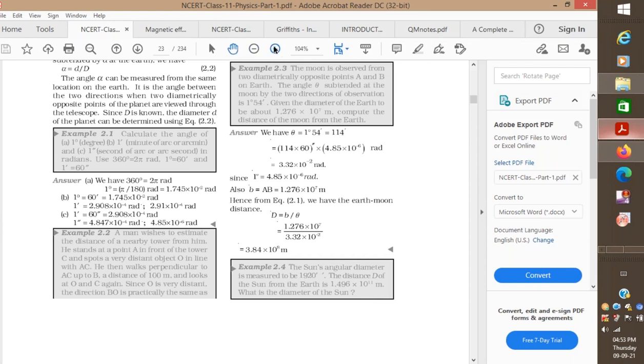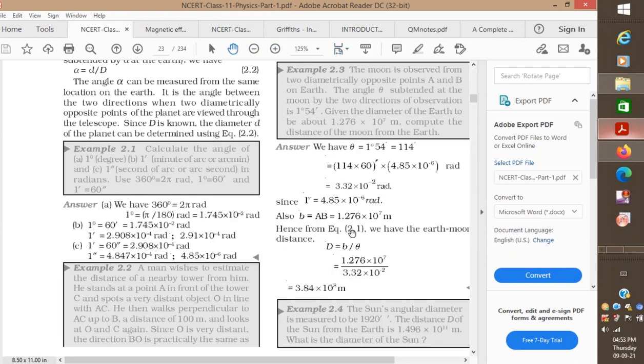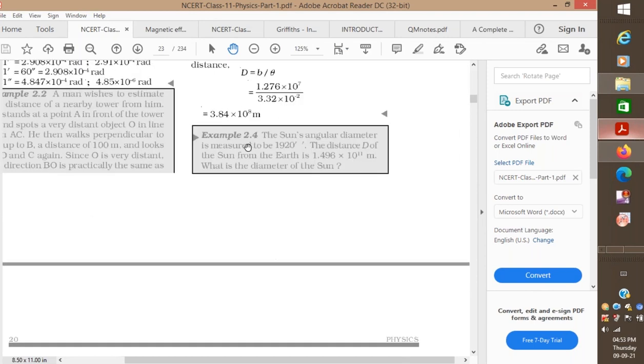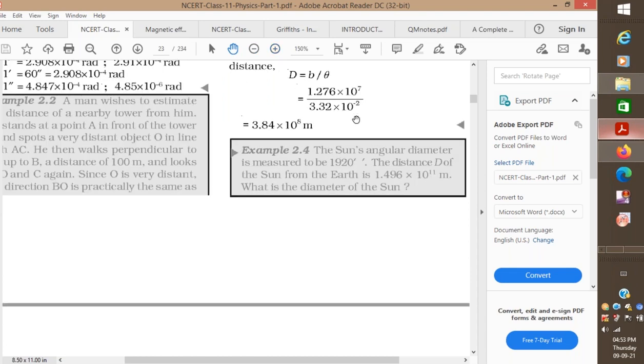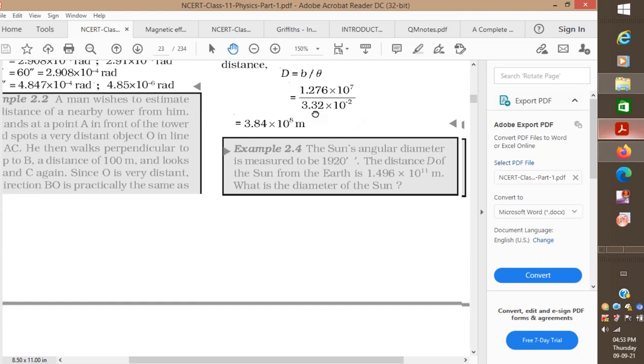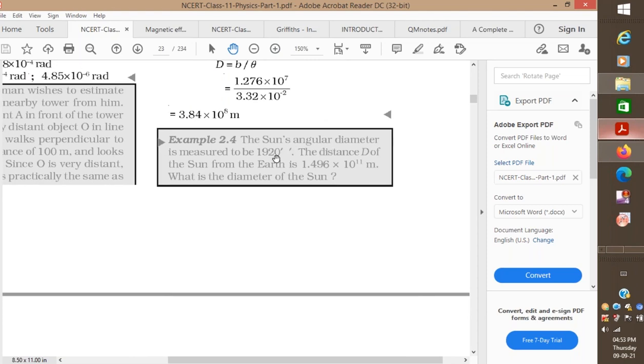So the sun has an angular diameter. Angular diameter means the base length of the base. I have told you what is base, right? I'll tell you once again. Angular length or angular diameter are the same thing.